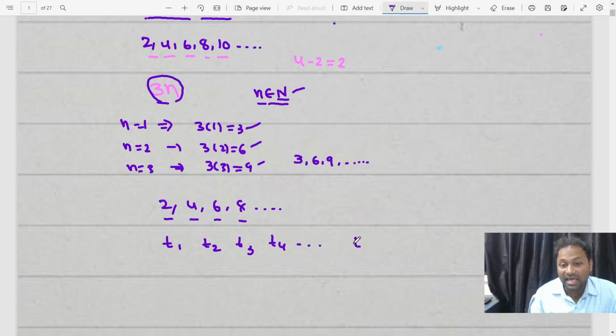We can write the nth term in the form of Tn. So in a sequence we consider this as the first term, this as the second term, third term, fourth term, fifth term, and so on. This is about sequence.